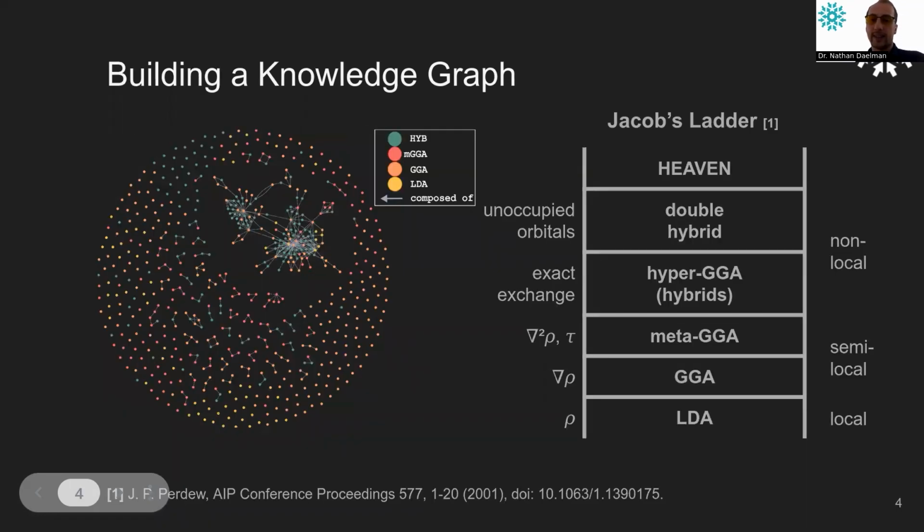So on the left-hand side, you have a first overview of what this would look like. Now, there are two things to note here. Firstly, we have a color coding that is applied in line with Jacob's ladder. This ladder is basically a hierarchy that classifies functionals by the amount of information that they ingest. And this is somewhat tied to the physics that each rung can describe. In that sense, it should also provide you with better accuracy as you climb the ladder.